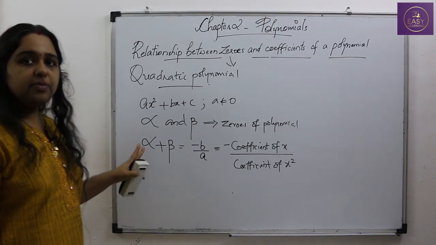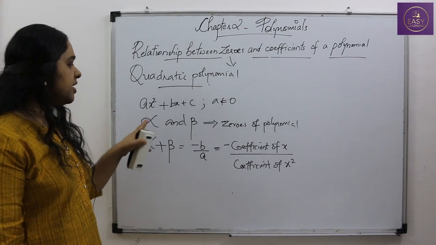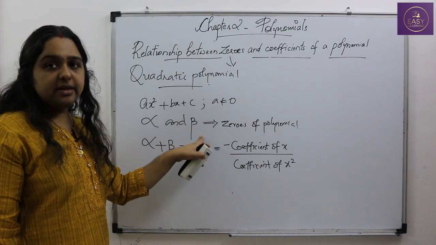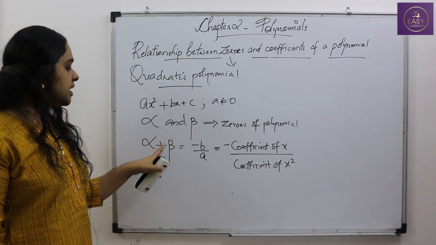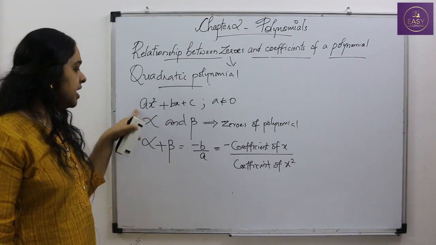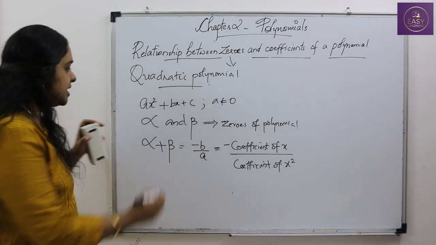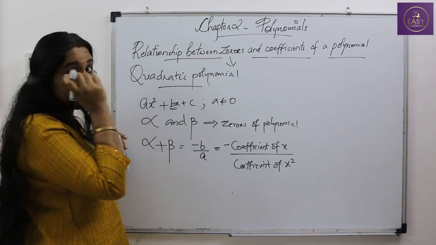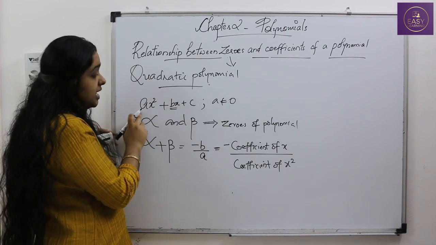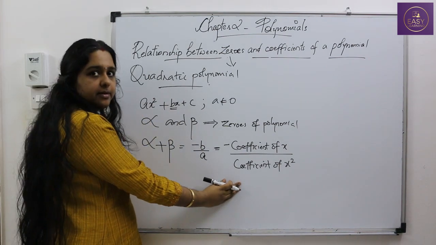We denote the two zeros of the polynomial by alpha and beta. Here b is the coefficient of x, and a is the coefficient of x square.